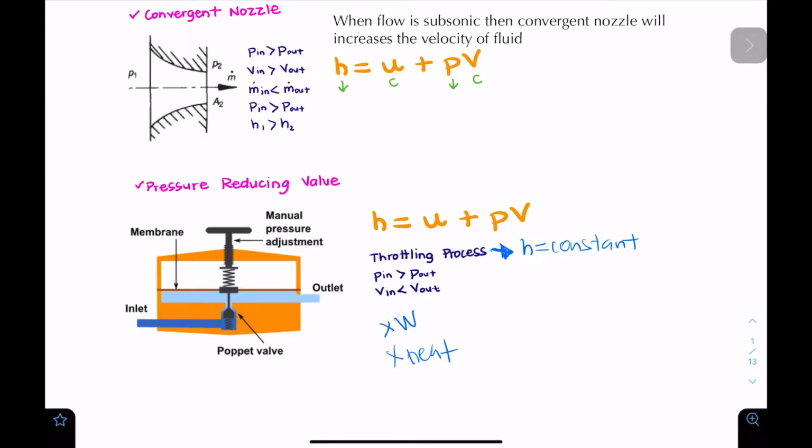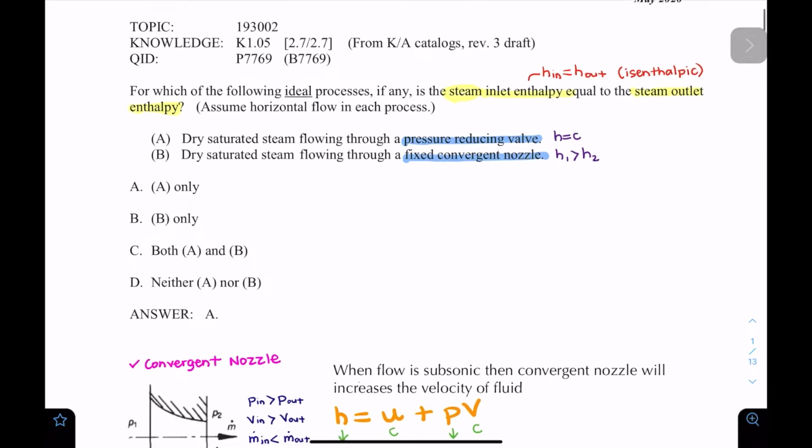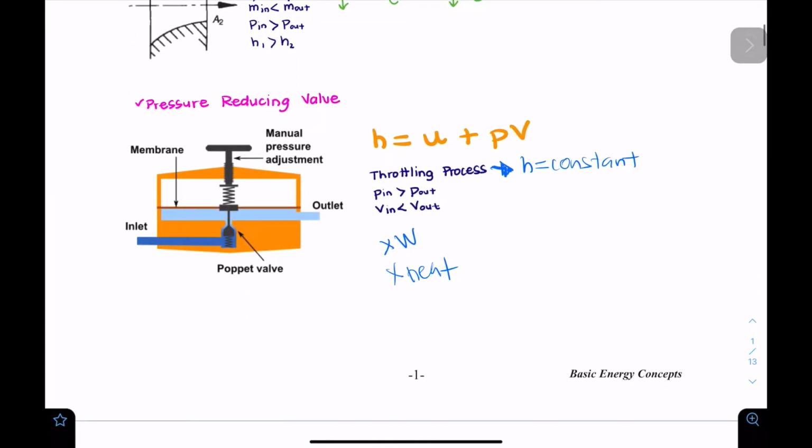This throttling process is a thermodynamic process in which the enthalpy of the gas or the medium remains constant. When we have something that we can throttle, we keep our enthalpy constant. That already by itself gives us an indication of the answer for this question.